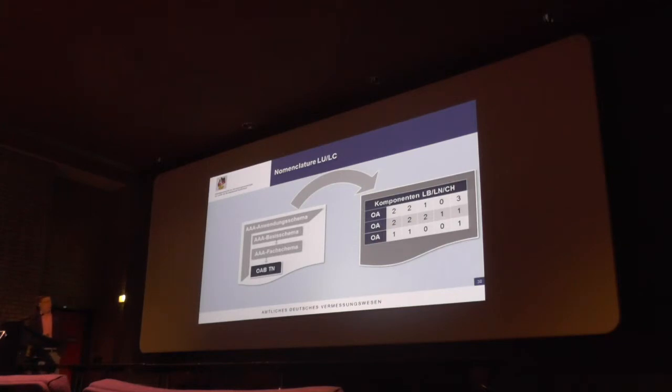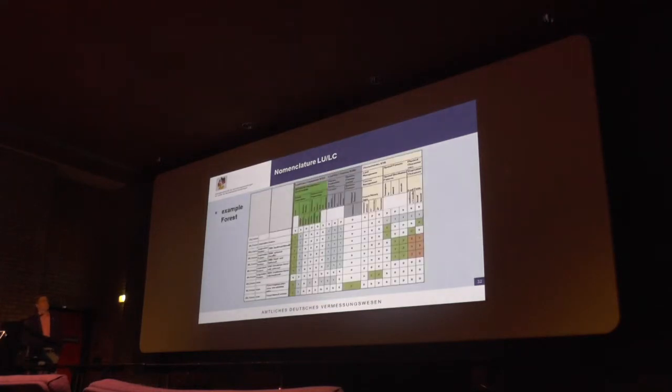So, the next step, we have the semantic decomposition. We need this kind of information to get back to our model and change our feature object types from the actual use to land cover and land use. LBLN means land cover, land use. For our example forest, we have the view of the EAGLE matrix.